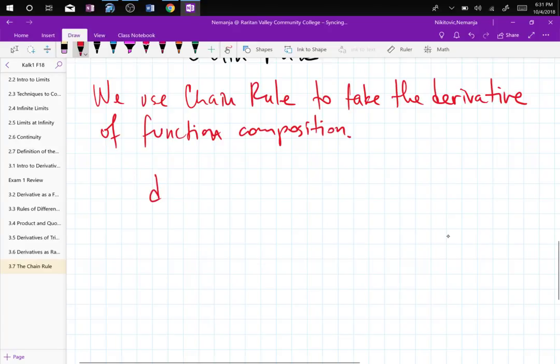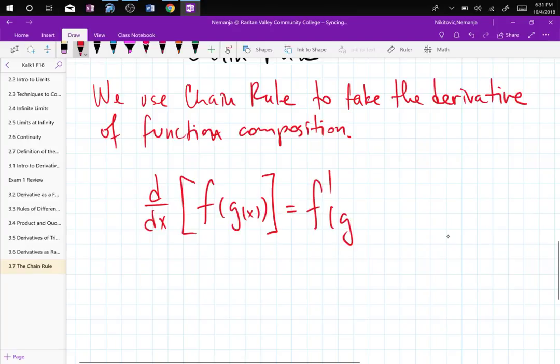The first one is that the derivative of f of g of x is equal to f prime with g still plugged in times the derivative of g, times the derivative of the inside. Now you can string this with as many functions as you want, but let's just practice two for some time.